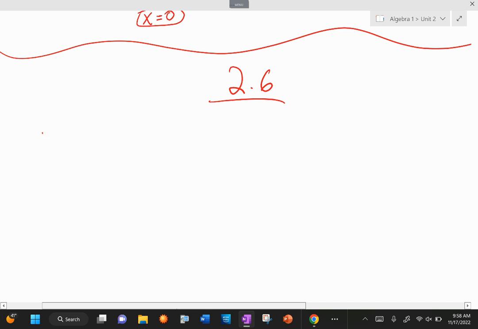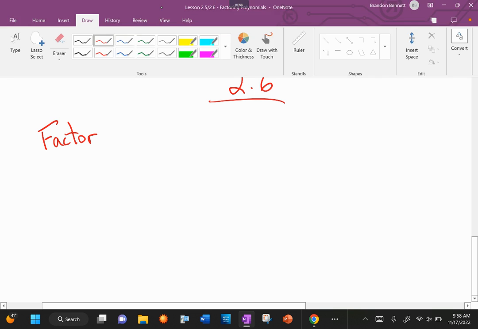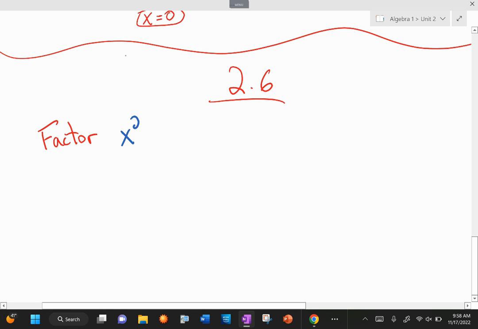Okay, for no reason, we are going to factor x squared plus 10x plus 16.